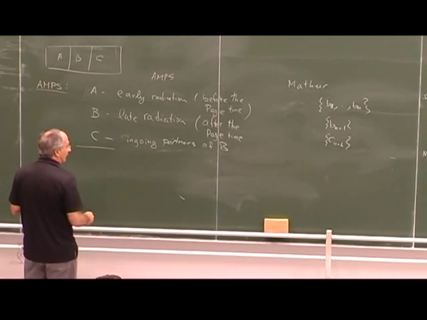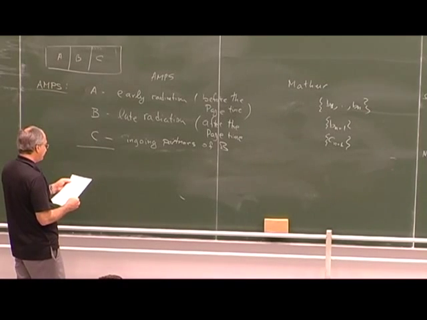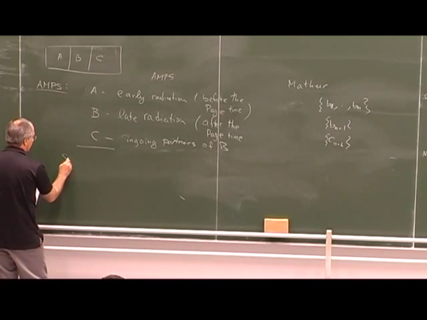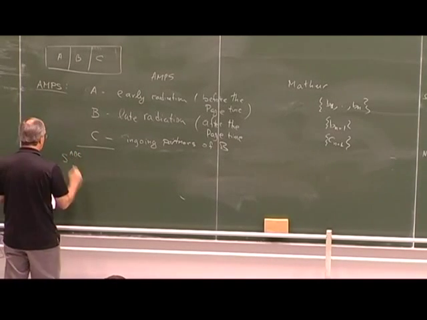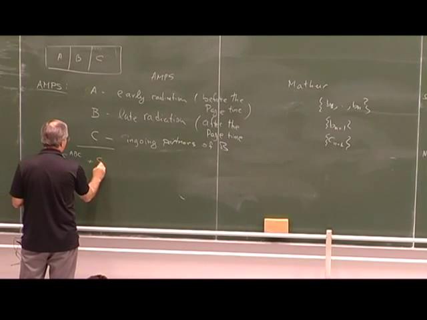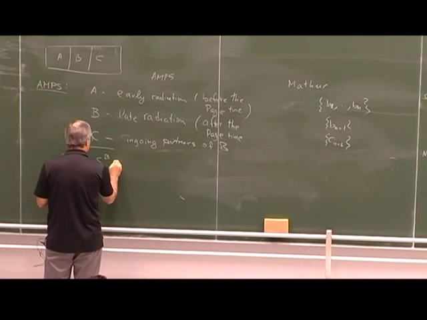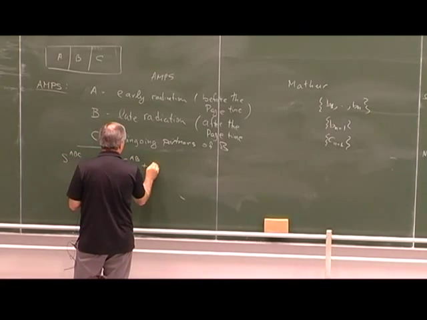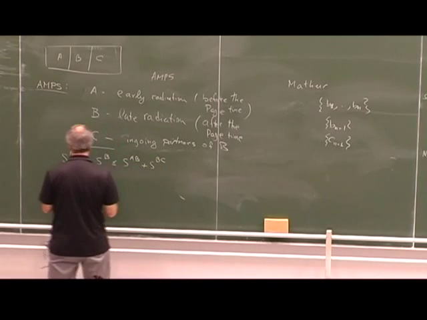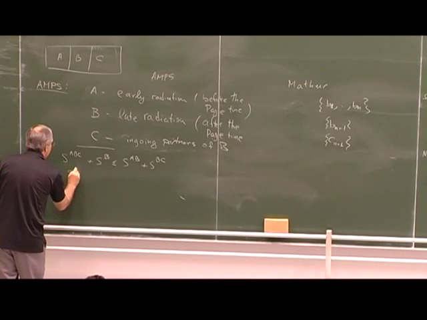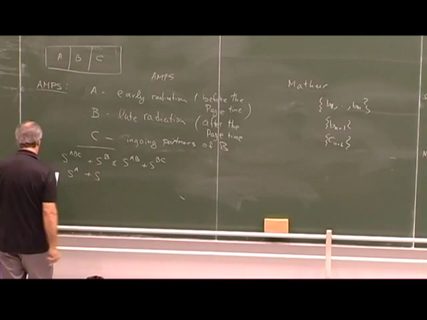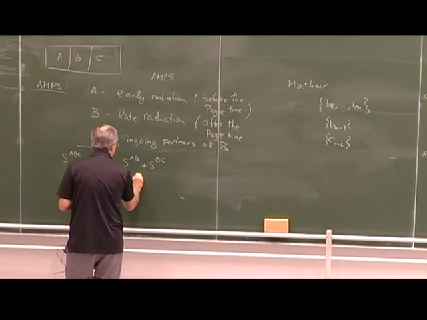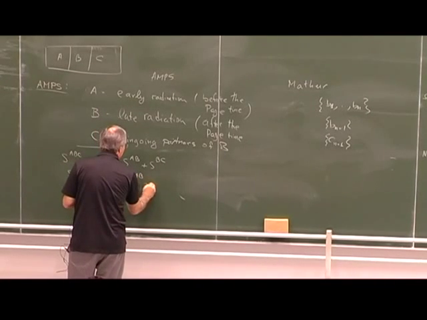Okay, so the strong subadditivity says that S_ABC plus S_B is smaller or equal than S_AB plus S_BC, or equivalently that S_A plus S_C is less or equal than S_AB plus S_BC.